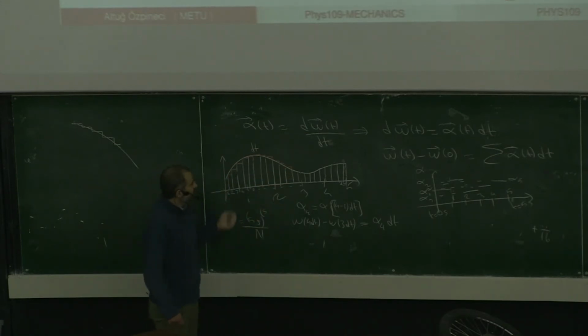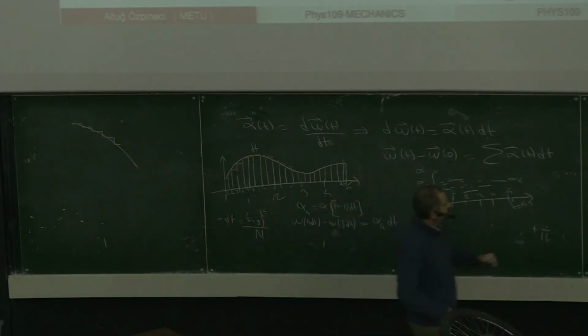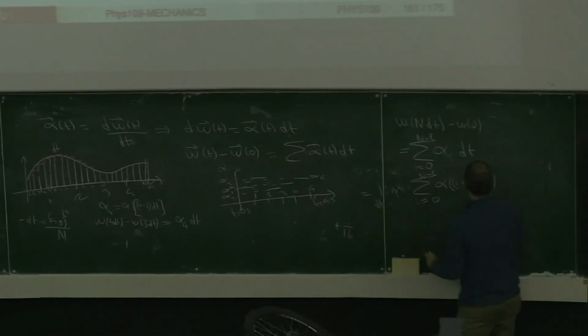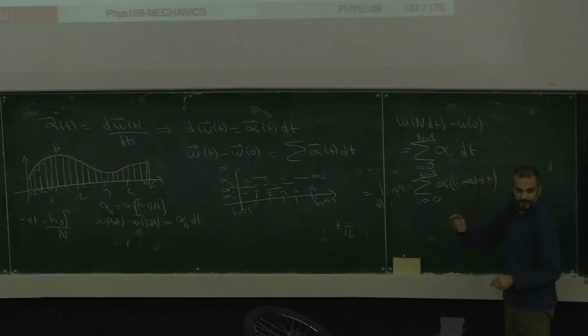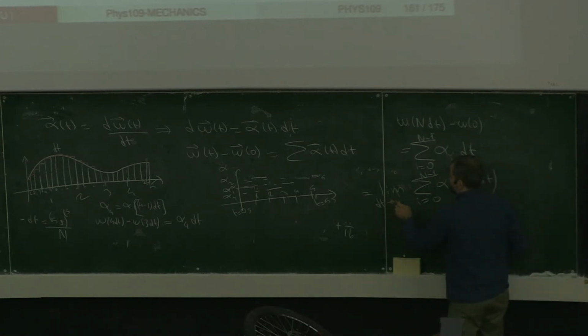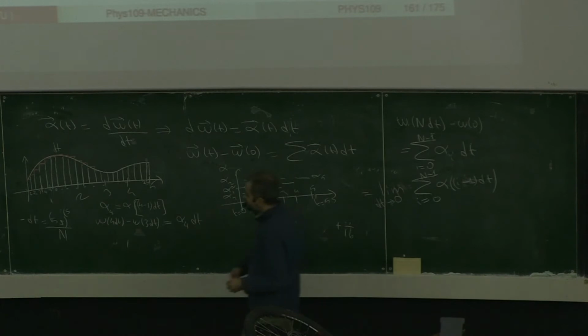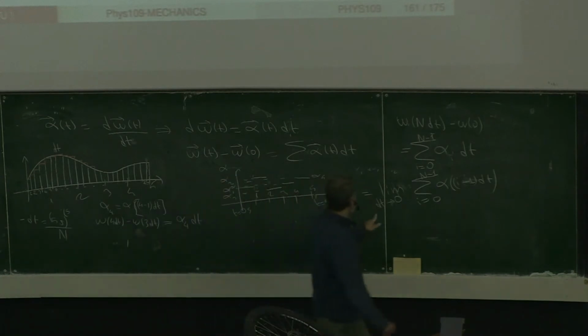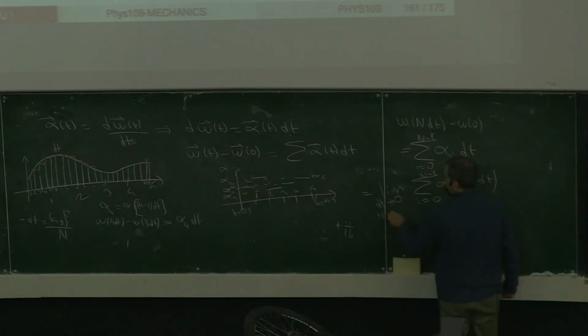But taking these steps smaller means that I have to take this dt, the step size, to very small numbers. But remember, my step size is determined by the number n. If I have smaller steps, I need to take more steps. So as I'm taking this dt to 0, I have to take n to infinity.